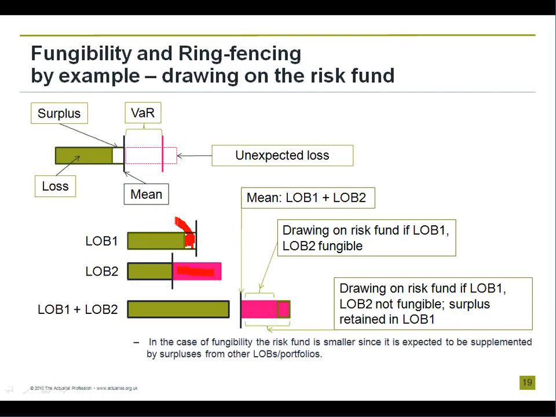In other words, it is retained within LOB1. So what you need to draw from the risk fund is larger. You need to draw that amount from the risk fund. So in the case of non-fungibility, the draw on the risk fund is larger because you can't use that particular surplus. The capital risk fund is larger in the context of non-fungibility.